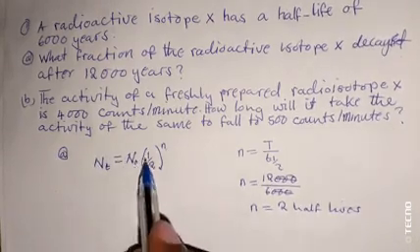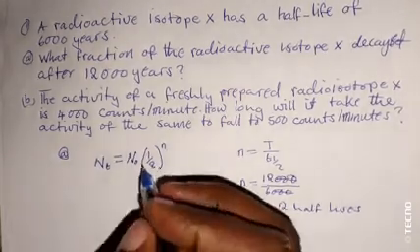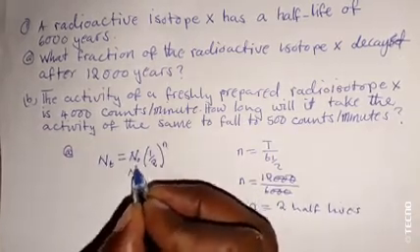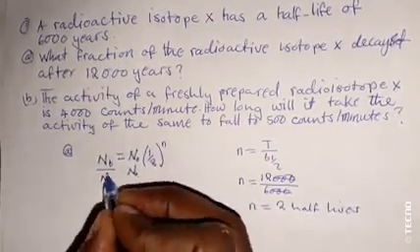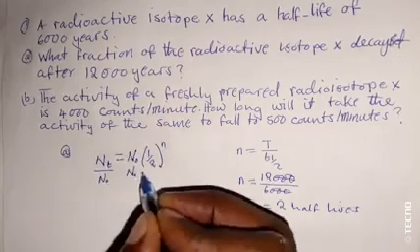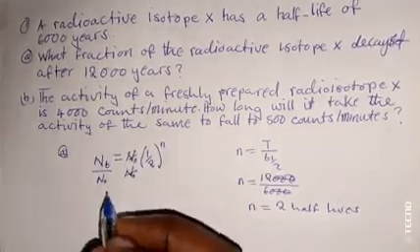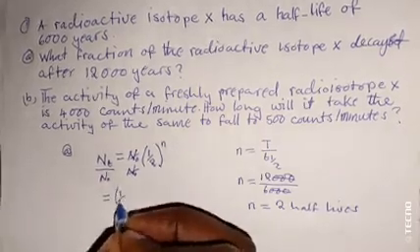Now what we want to calculate is the fraction. In order for us to calculate the fraction, we divide by the initial amount, this side, so that Nt over N0 is what we want. Whenever you are told just to calculate the fraction, you just need to consider this formula.